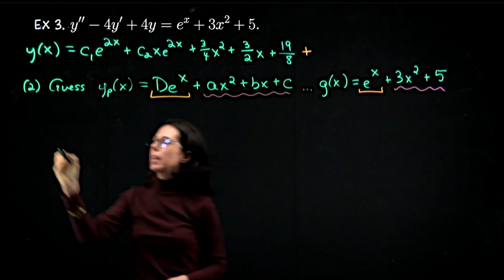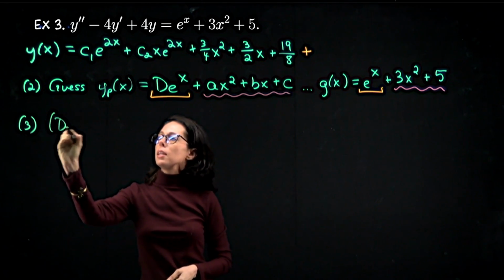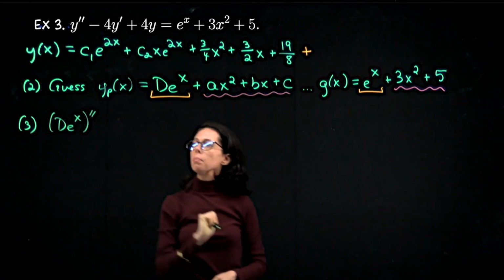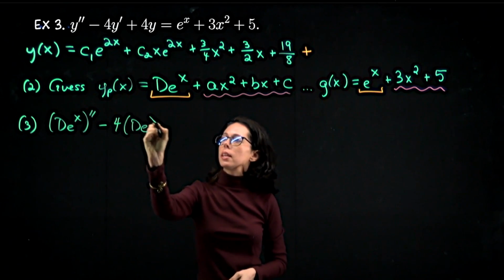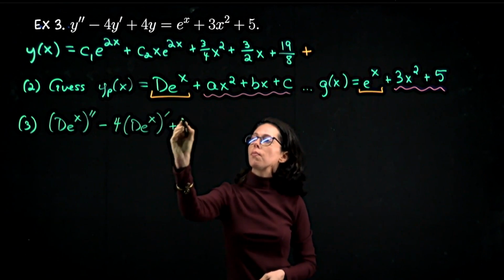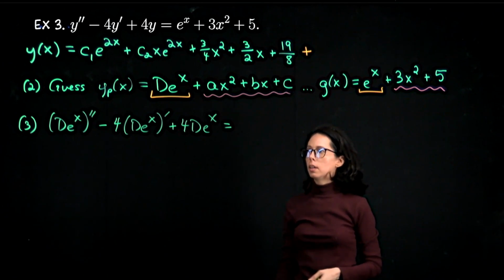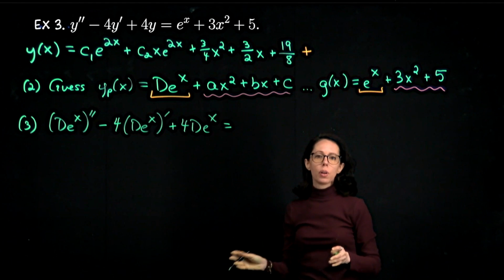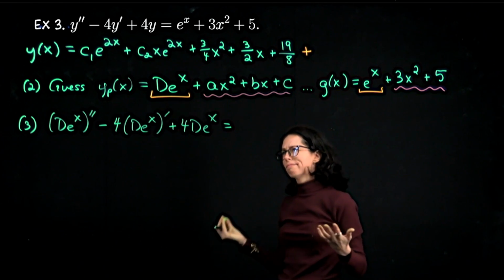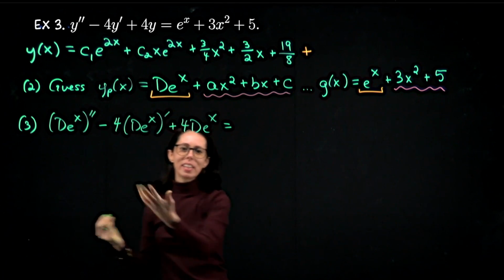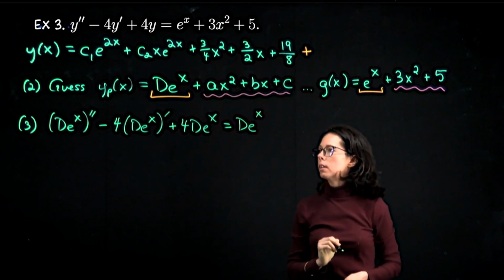So for step 3, what we will say is d e to the x, double prime, minus 4 d e to the x, prime, plus 4 d e to the x. We want to simplify this now and ultimately set it equal to e to the x. Differentiating e to the x gives e to the x, so that first term is just going to be d e to the x.